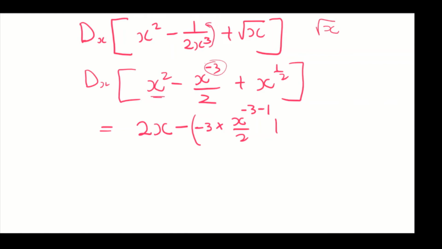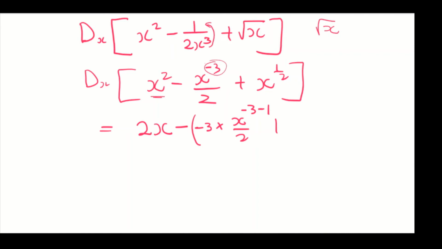So we have 2x plus, because the negative multiplies the negative, 3x to the power of minus 4 over 2 plus x to the power of, so 1 over 2 minus 1 will give you minus 1 over 2, divided by 2.